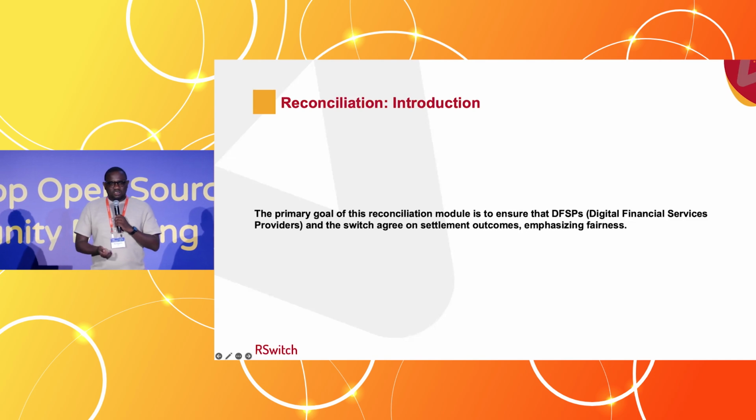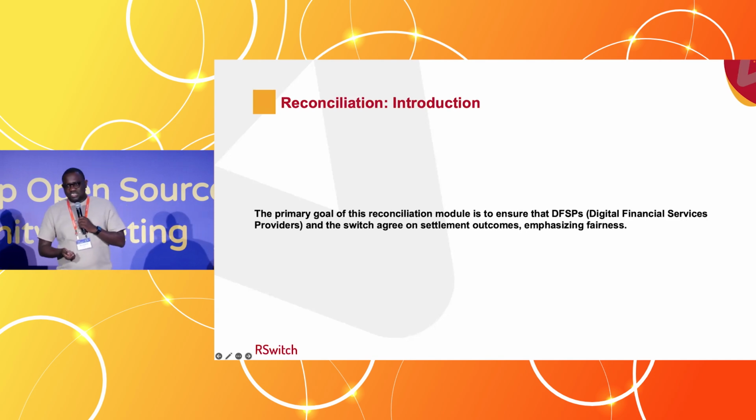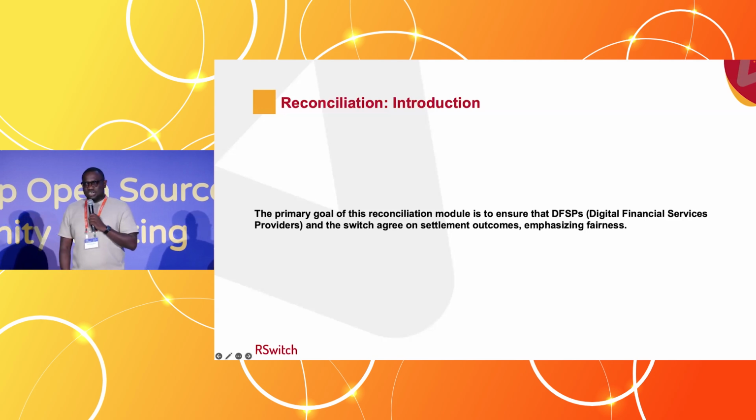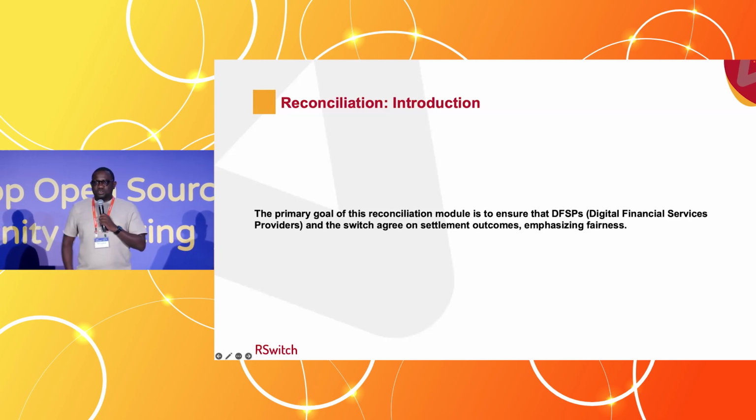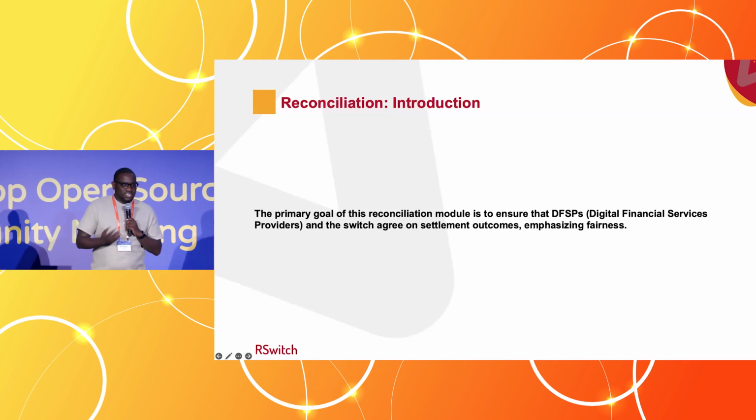They can raise any complaint on any transaction without doing it manually, as is mostly done today. At least some participants have reported that manual reconciliation has led to significant losses in revenue, some reporting between 15 to 20% and others even higher, because they don't have a way to do reconciliation in a nicer way.